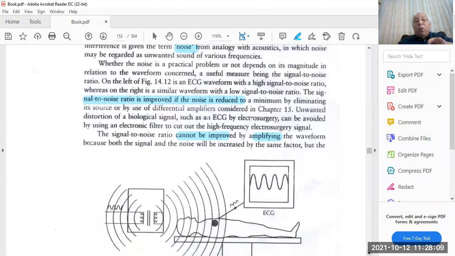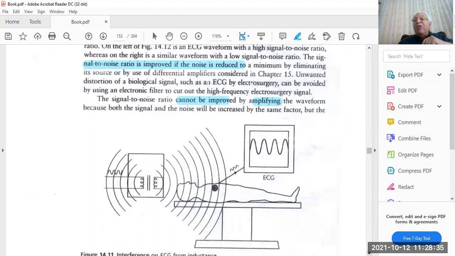As you can see, also when the patient is having an X-ray, we have a transformer. This transformer is creating a current. This current will affect the ECG monitoring. How can we improve this signal to noise ratio? By what we call averaging.